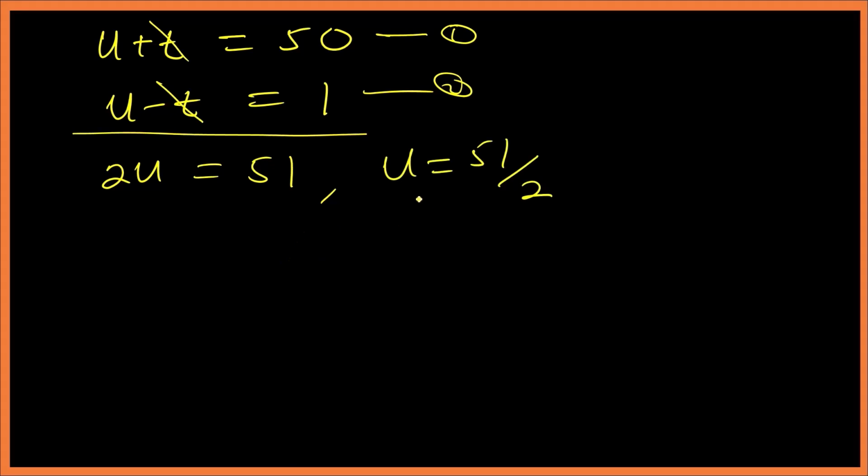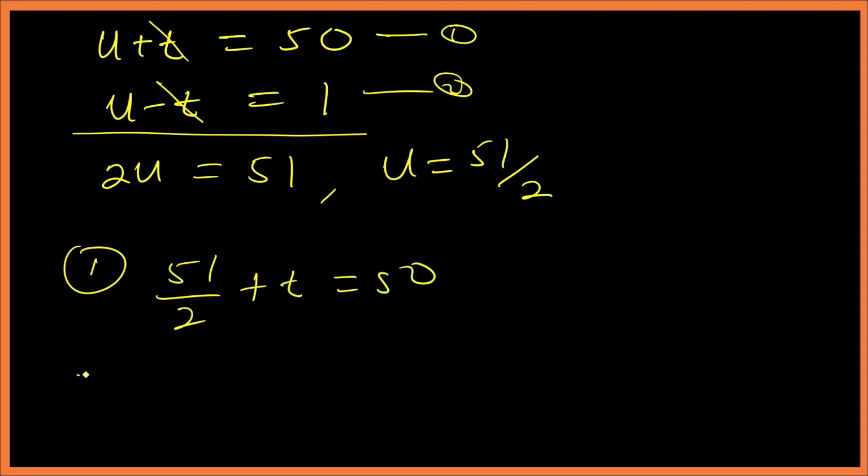So knowing u as 51 on 2, we can use any of the equations to solve for t. So using 1, u, which is 51 on 2, plus t equals 50. Let's multiply both sides by 2, so we have 51 plus 2t equals 100.